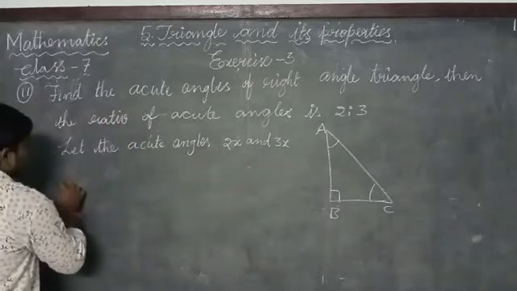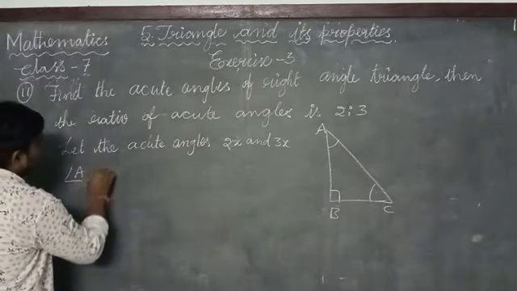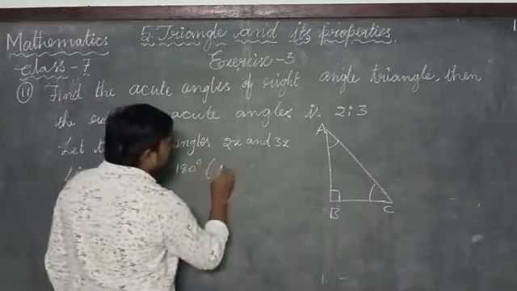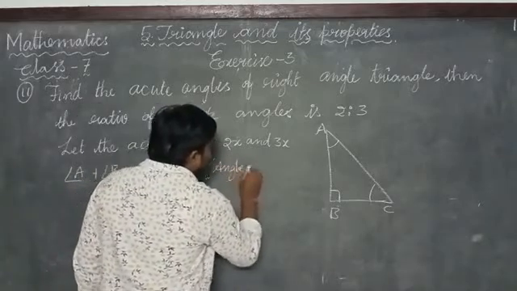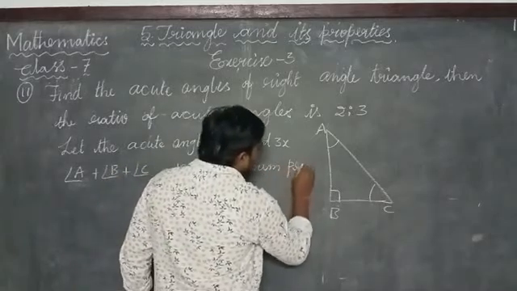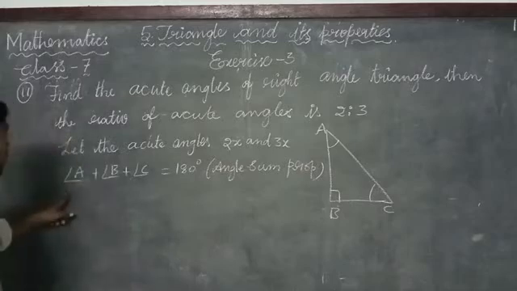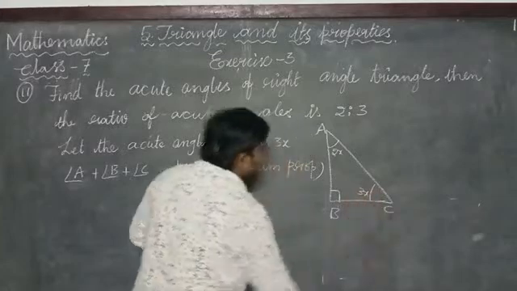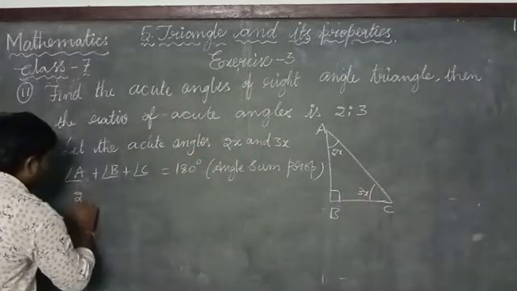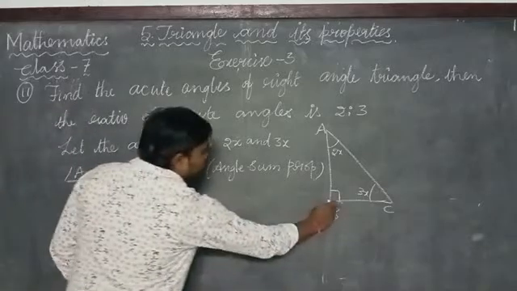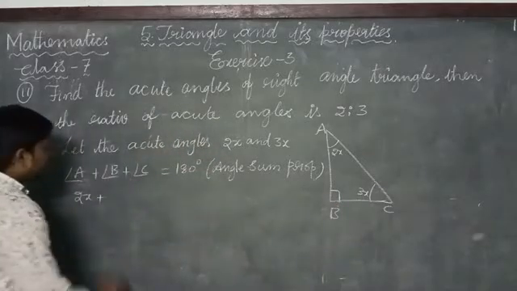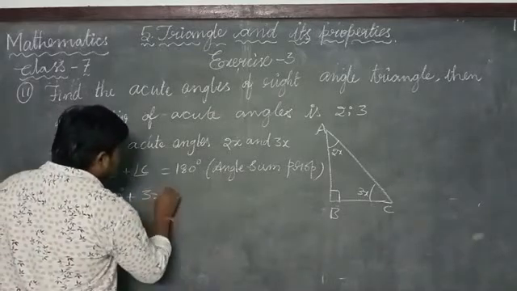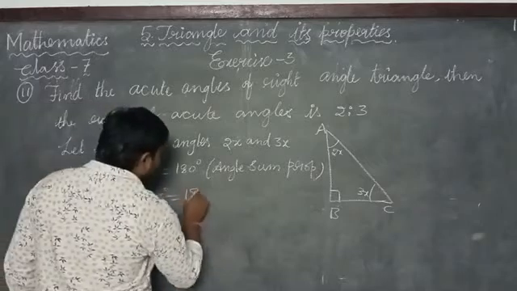Now let us see. According to the angle sum property of a triangle, the sum of all angles in a triangle equals 180 degrees. Here angle A is 2x, angle B is 90 degrees and angle C is 3x degrees, which equals 180 degrees.